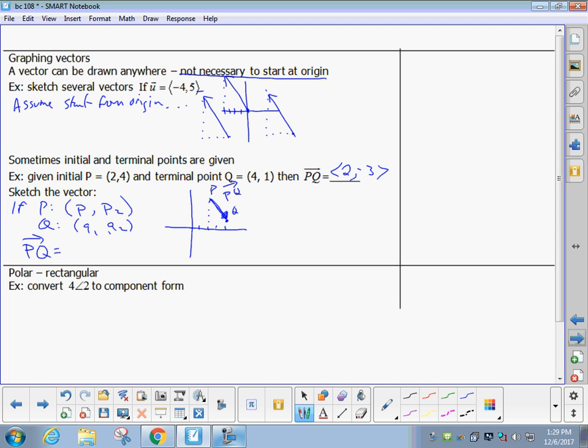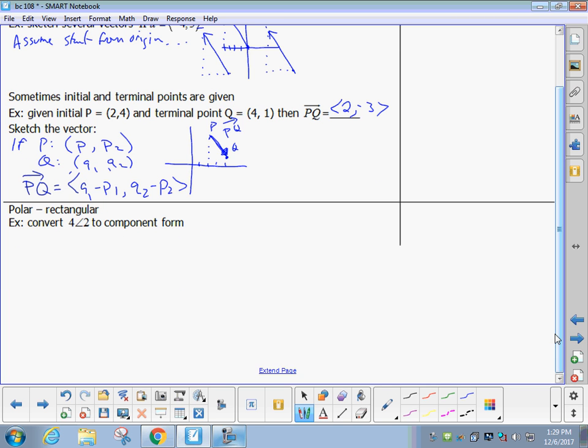Q minus P or P minus Q? Q minus P it is, vector. Q1 minus P1 for the horizontal component, and Q2 minus P2 for the vertical component. You take end minus start. End minus start gives you the vector. You follow? Okay.